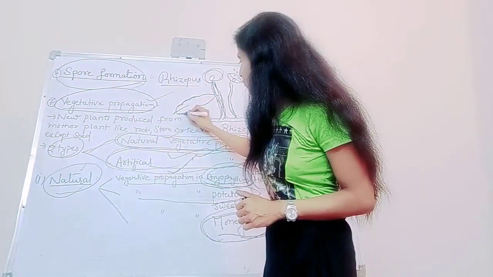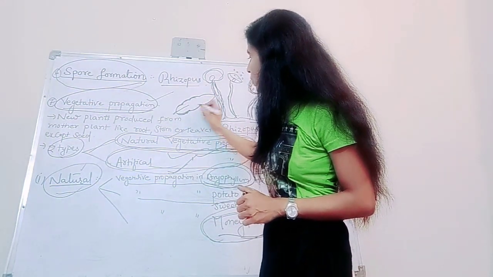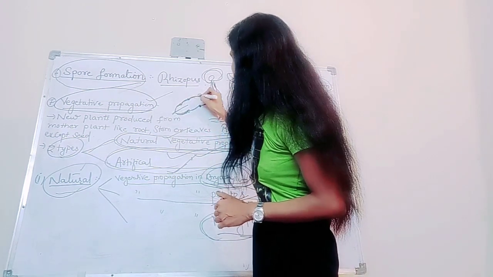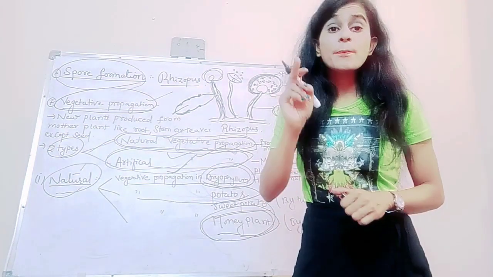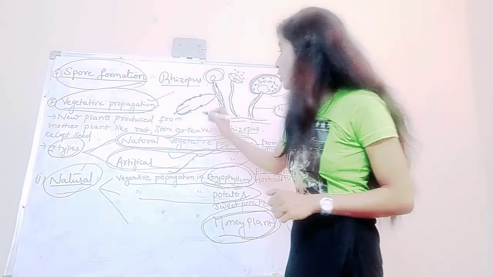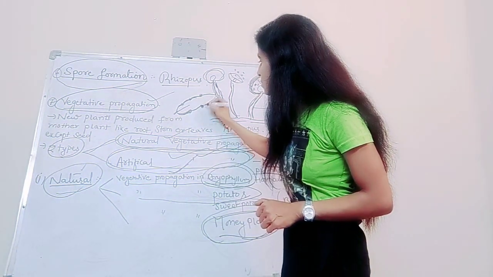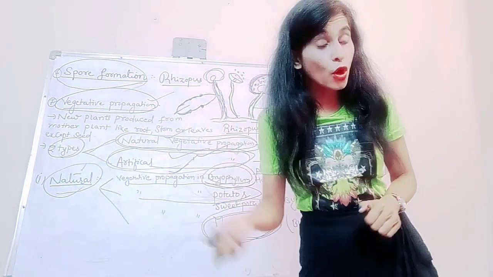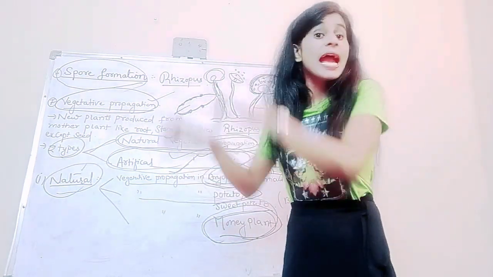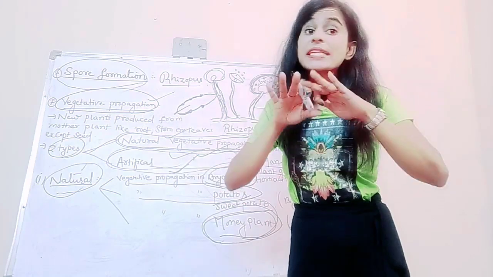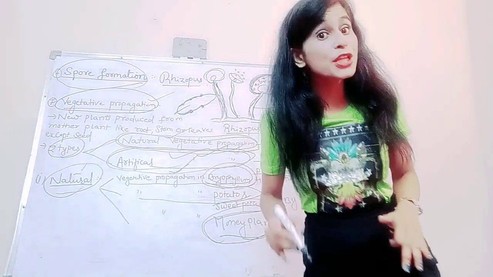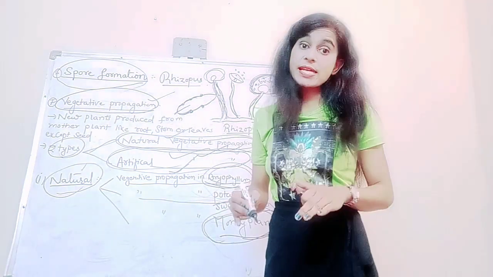Here in the leaf margins, you can see here is a node, here is a node, here is a node. In the leaf margins of the Bryophylum, nodes are present. Can you see these nodes? When the leaf falls on the soil and gets suitable environmental conditions, from those nodes of the leaf a new plant reproduces.